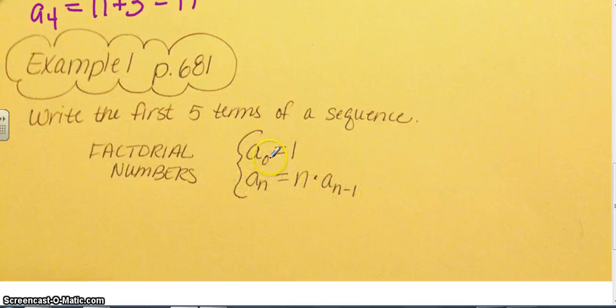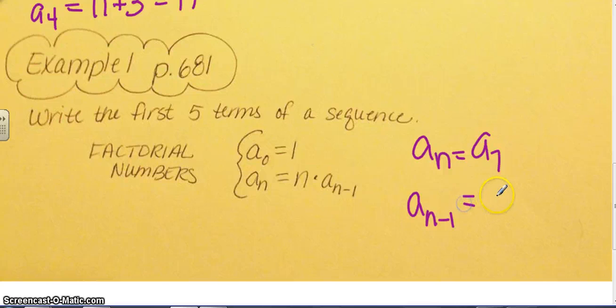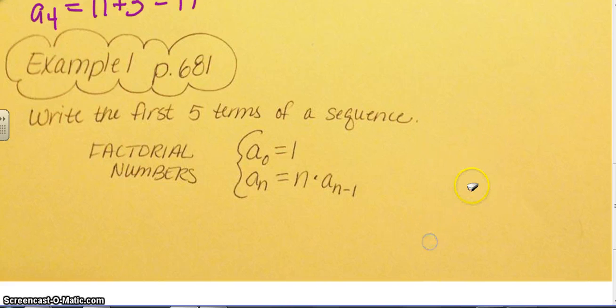If a sub n was a sub 7, that would mean that a sub n minus 1 is a sub 6. It just means the term that came just directly before a sub n. If I was talking about a sub n minus 2, that would be the term that came two before a sub n. So we're supposed to write the first 5 terms of this sequence.